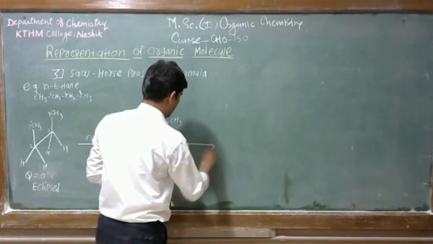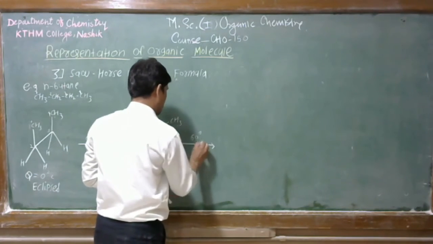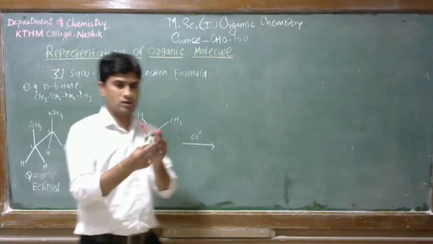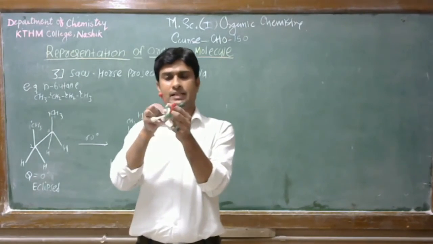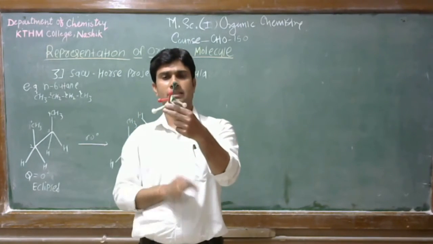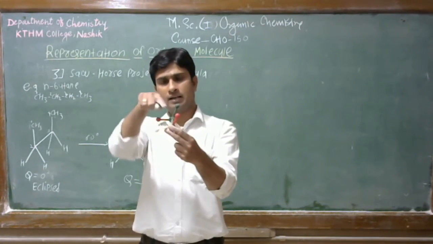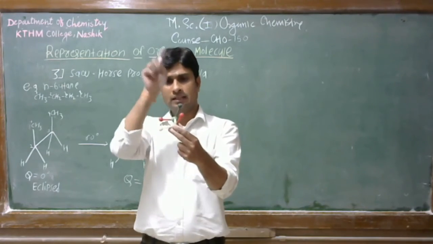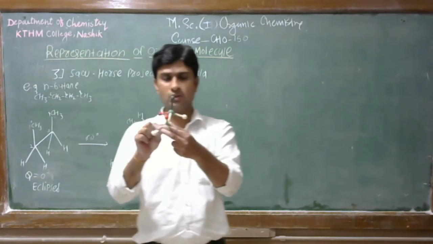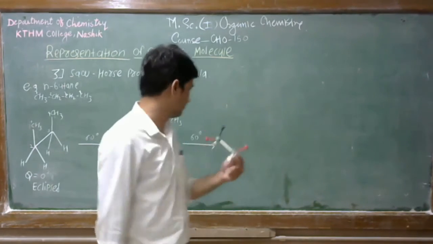Again, when we rotate the carbon-carbon single bond by 60 degrees, see here, then the dihedral angle between two CH3 is 120 degrees and this structure is known as the partially eclipsed structure.